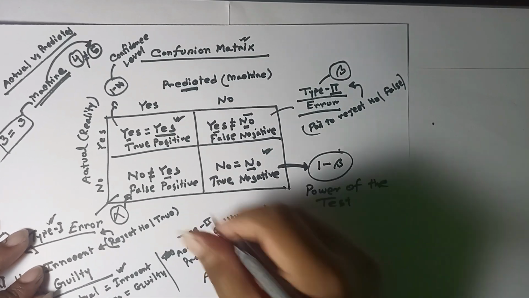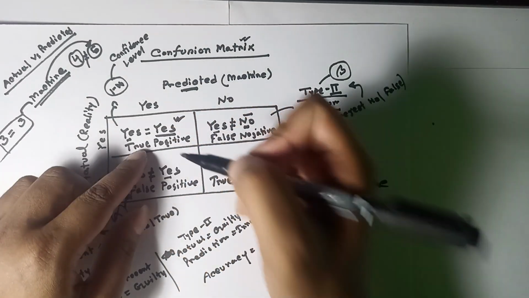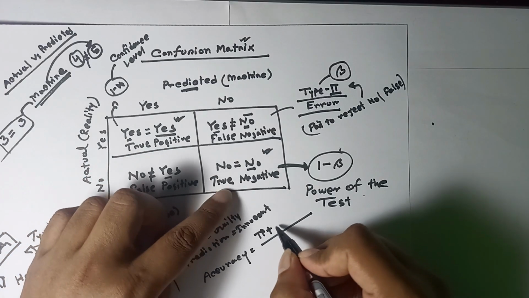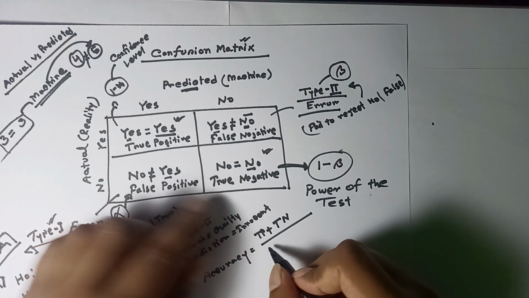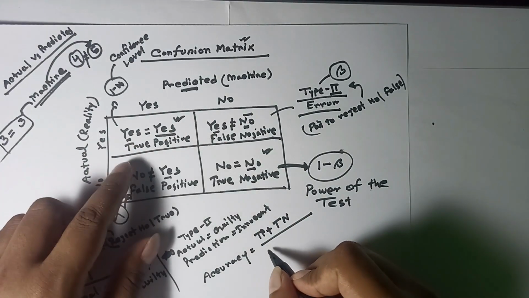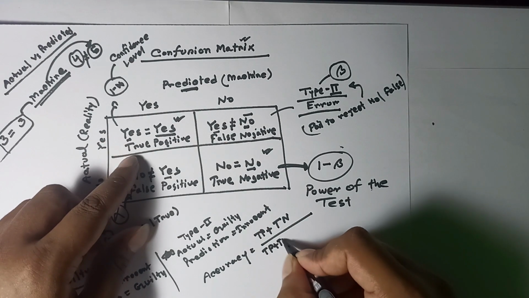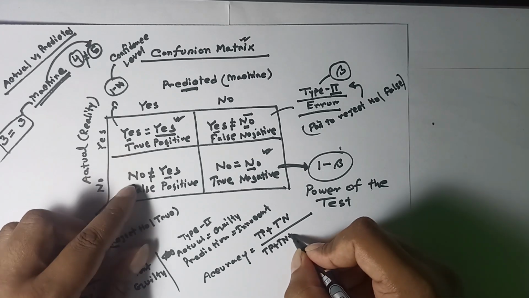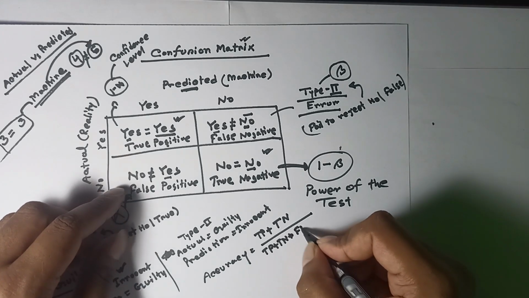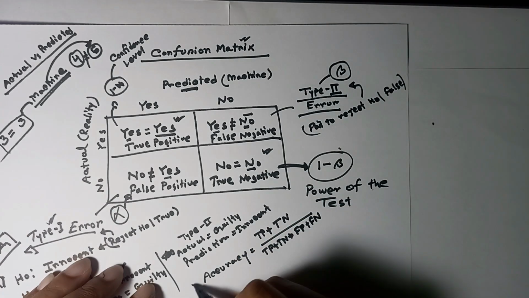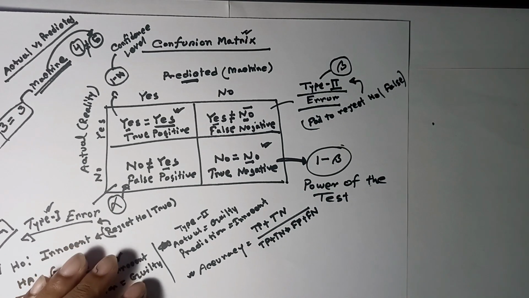Accuracy deals with true positive plus true negative. At the denominator, it will be all added: true positive, true negative, false positive, false negative. So this is our accuracy.